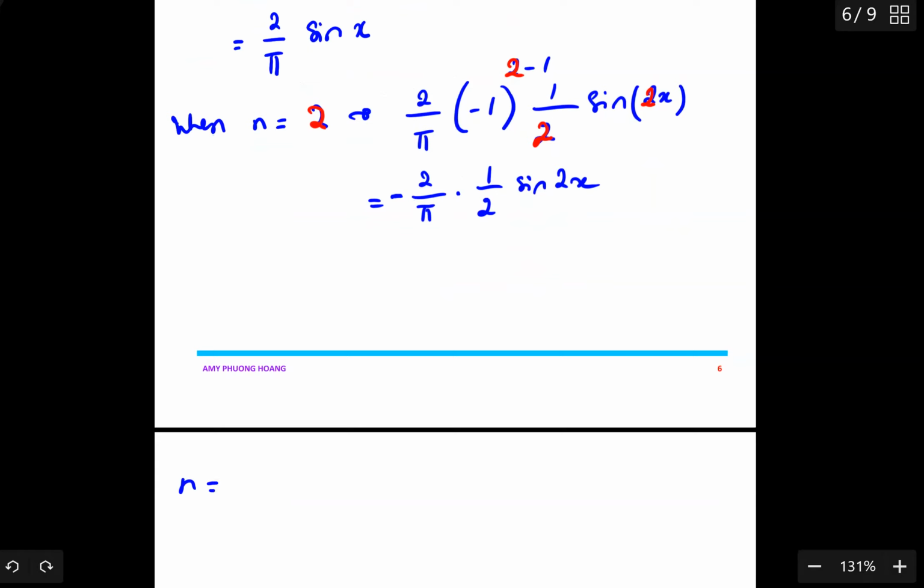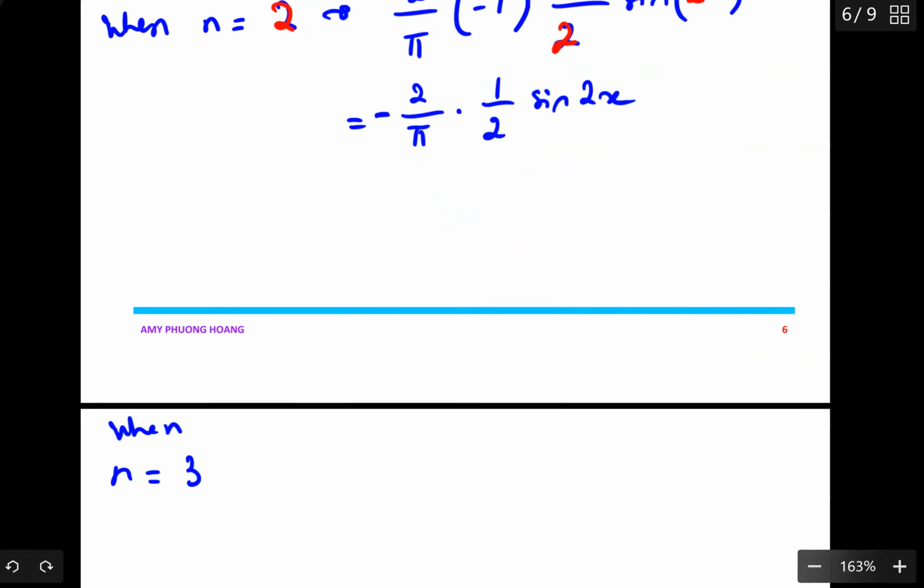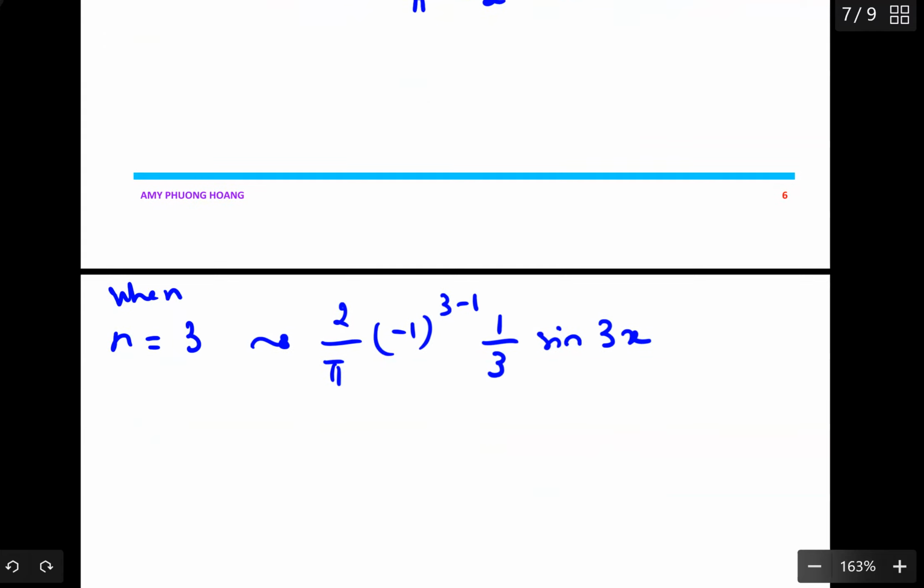When n equal to 3, I should have 2 over pi, minus 1 to the exponent 3 minus 1, times 1 over 3, sine of 3x. So what is this equal to? 2 over pi, minus 1 to the exponent 2 will give me a positive value, so in this case it's just equal to 1.